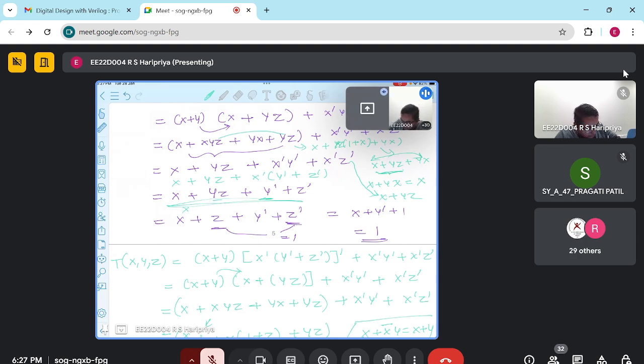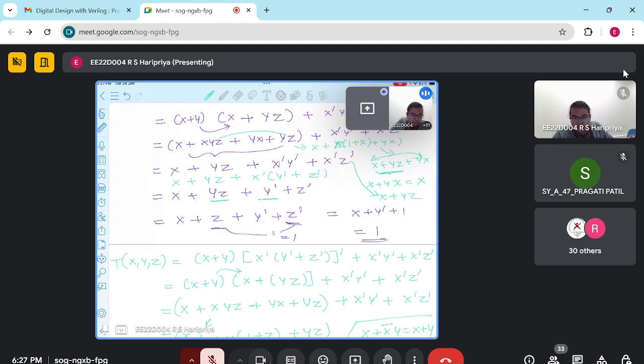This one you can take x plus y, and then reduce it further.